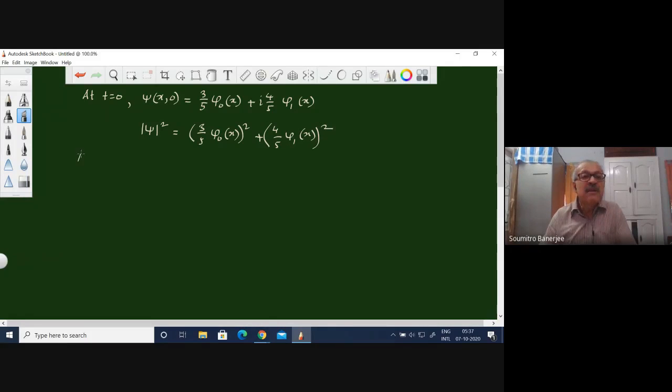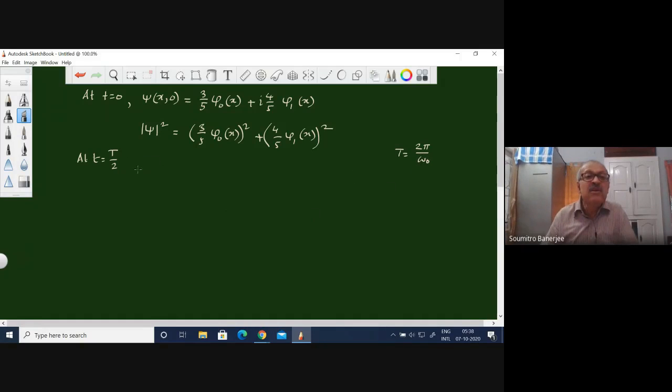Now at t equal to capital T by 2, remember your T is 2 pi by omega naught, and so we can figure out what this actually is.